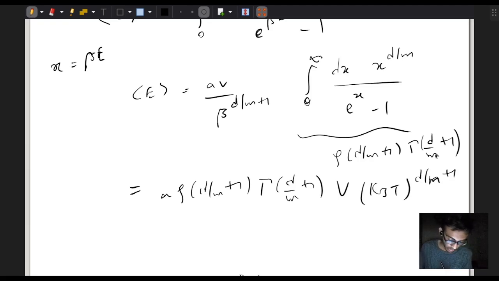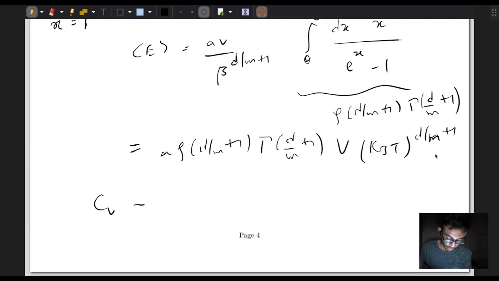And the heat capacity, which is what we want, or specific heat capacity, is proportional to T to the d/n.